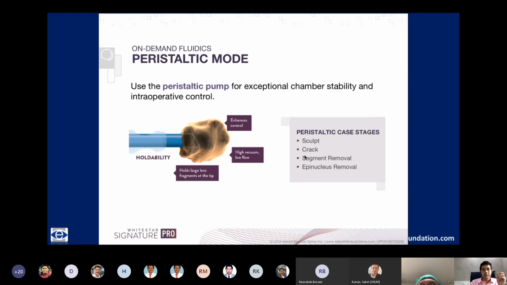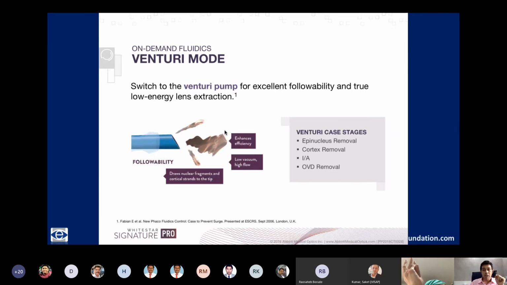Like I said earlier, when you want greater control, high vacuum with a lower flow, where you want to hold larger lens fragments when you're doing your sculpting or chopping techniques, and the initial part of quadrant removal when you may have slightly larger pieces present, the peristaltic pump gives you good chamber stability and good control, at the same time allowing you to do all your chopping maneuvers.